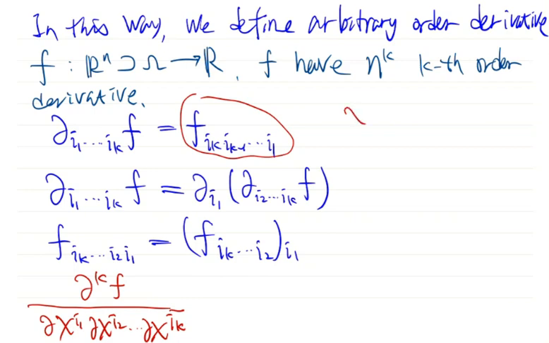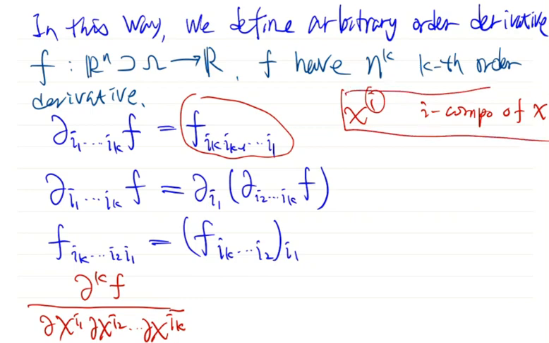I remind you that xi does not mean the power. xi is the ith component of x. This is our convention: the index of the component we write as a superscript. So here i1, i2, ik do not mean powers, but are the indices of components.